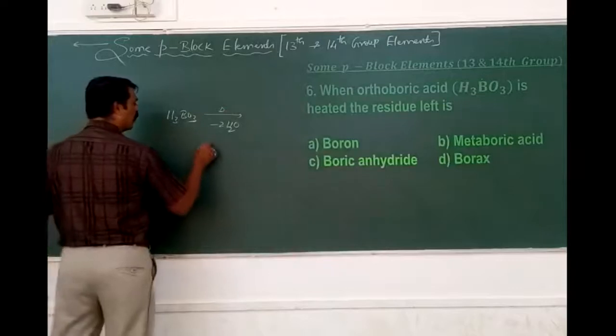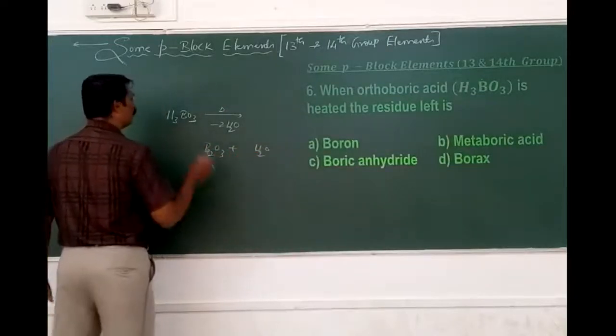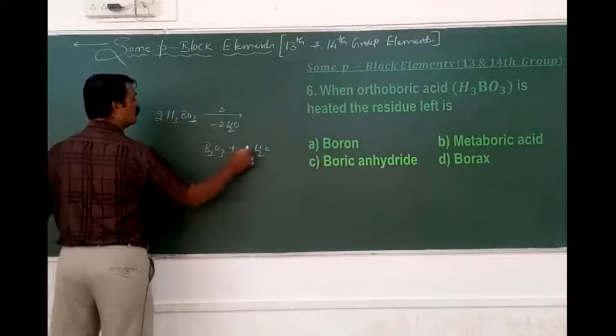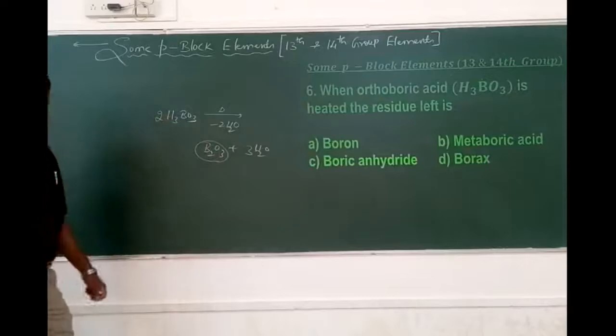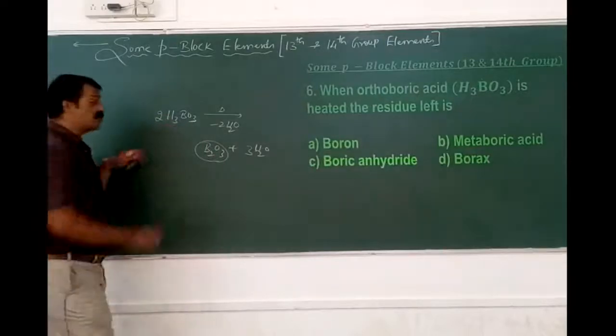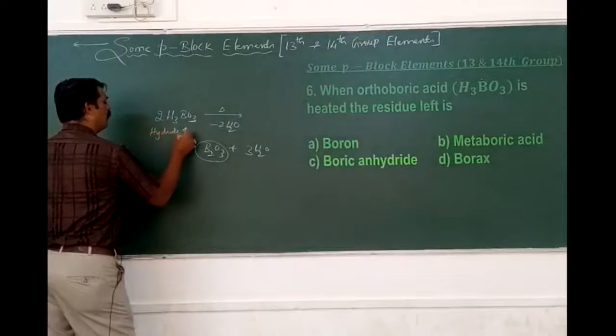After the removal of water, it forms B2O3 plus H2O. To balance that, we will have 2 here. This B2O3 is called the anhydride of boric acid.